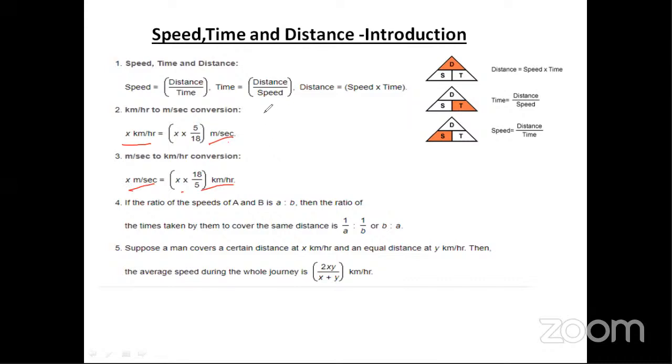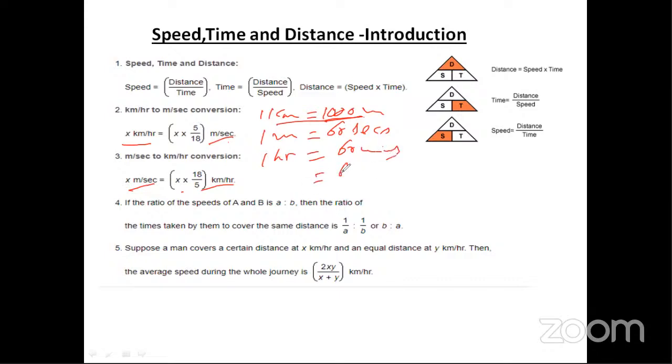We know 1 kilometer is equal to 1000 meters. Same way, 1 minute means 60 seconds. Then 1 hour means 60 minutes.